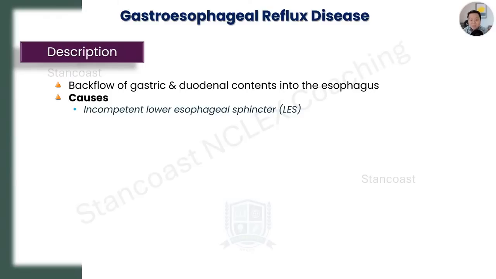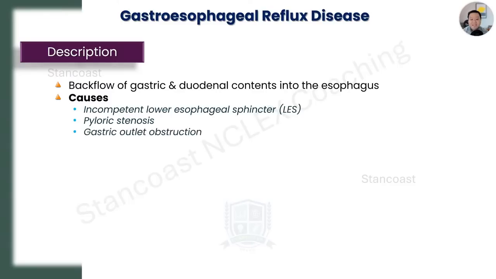If it's weak or if it doesn't close properly, that backflow happens and GERD develops. The next cause here is pyloric stenosis. This is the narrowing of the opening between the stomach and small intestine, which is the pylorus. When it's narrowed, it can slow down the stomach's emptying process. It can cause pressure and reflux into the esophagus.